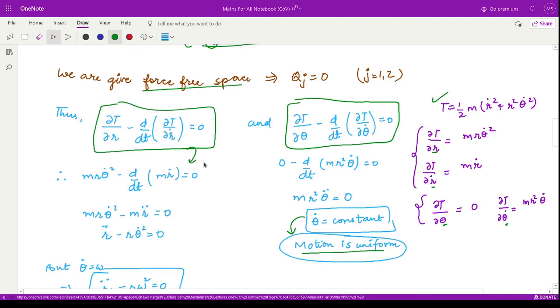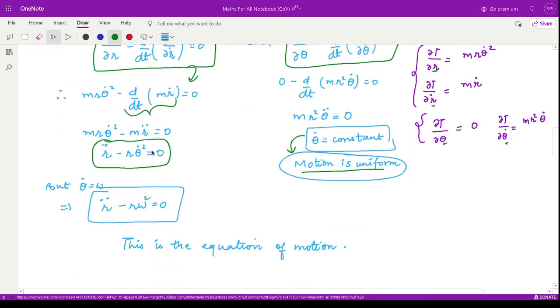Now solving the second equation, substituting the values and taking the derivative, we have something like this. Now mass is non-zero, therefore this term has to be 0. Moreover, it is given in the question that theta dot is equal to omega. Therefore we can substitute omega in place of theta dot.